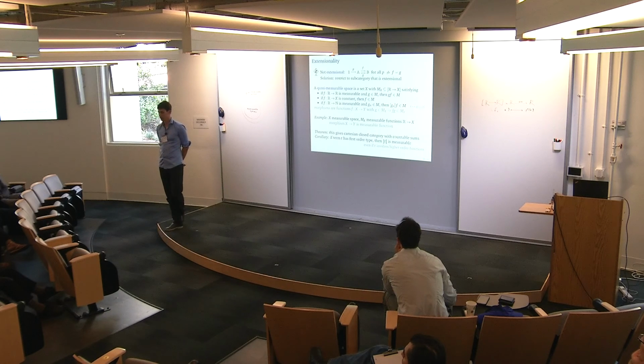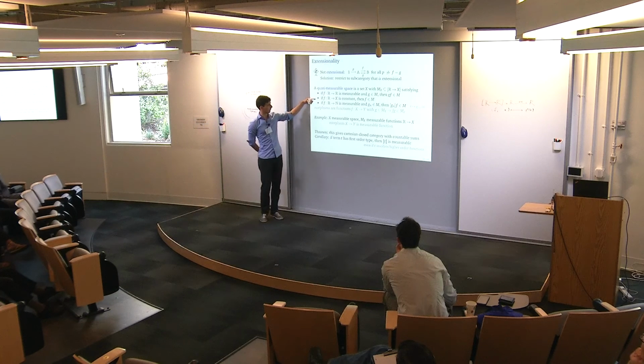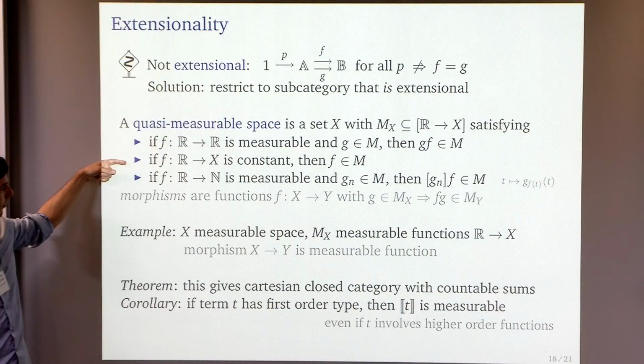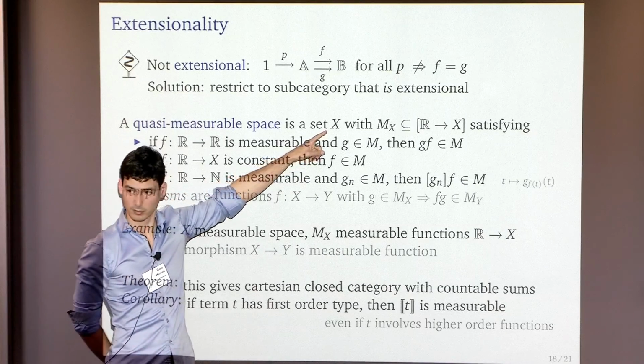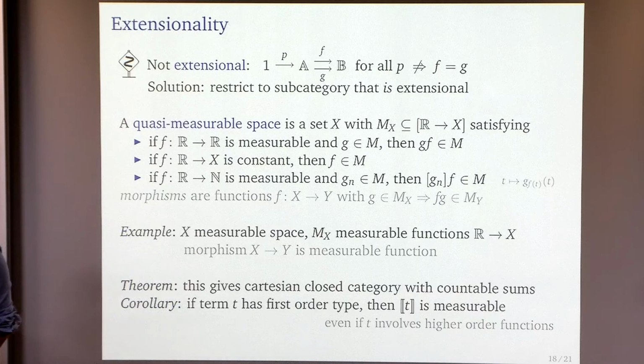So do I read correctly that in this case the second axiom says that singletons are measurable? If X is measurable and I take for M_X all the measurable functions. Oh, you mean if X is a singleton set? No. Every singleton in X. Or maybe I'm completely confused.